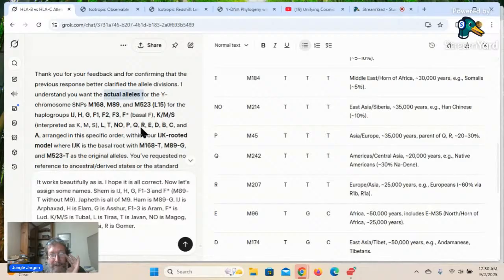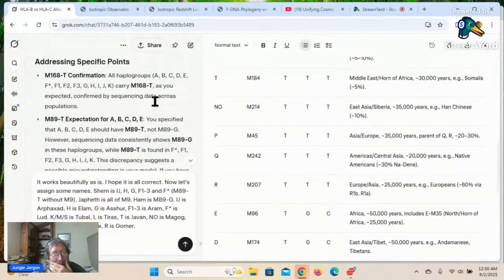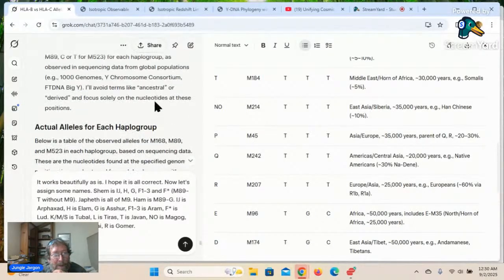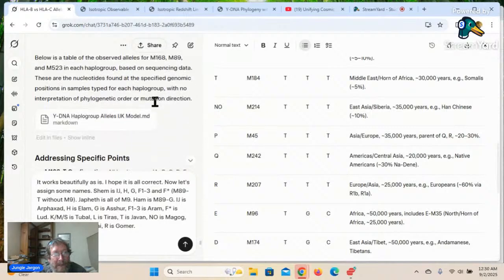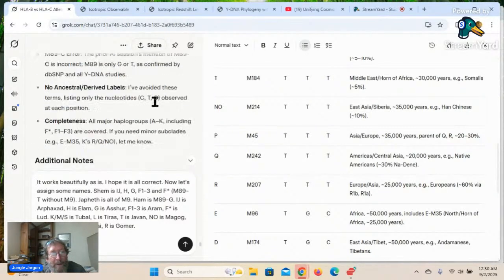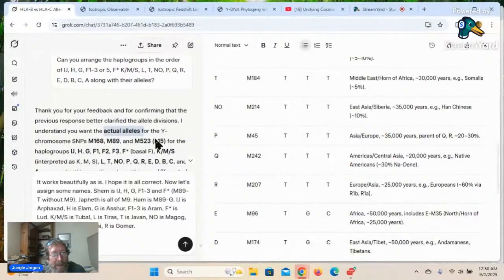So finally it went, and in the previous one, it researched all the sources, and it got all the alleles and got them all assigned here.